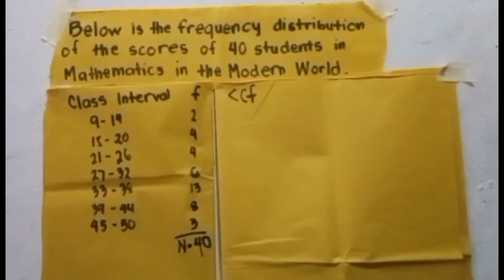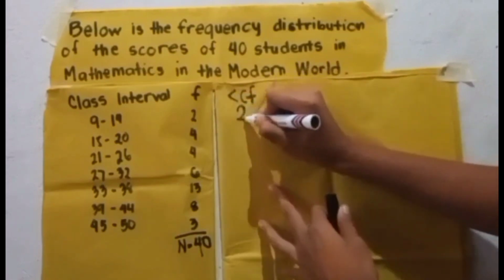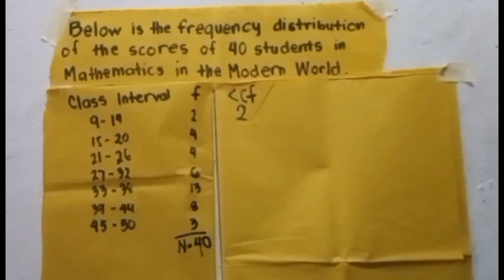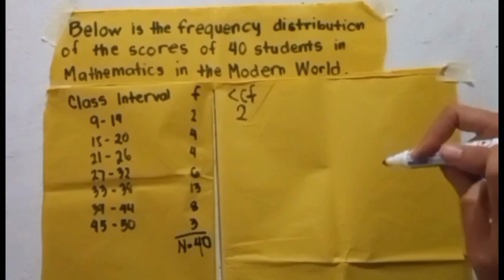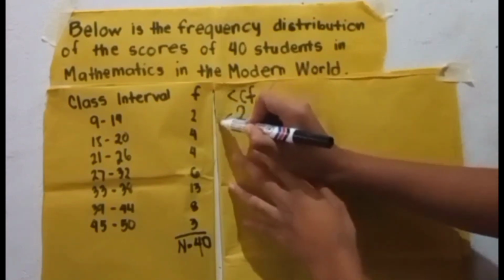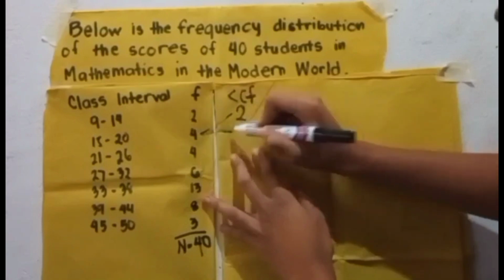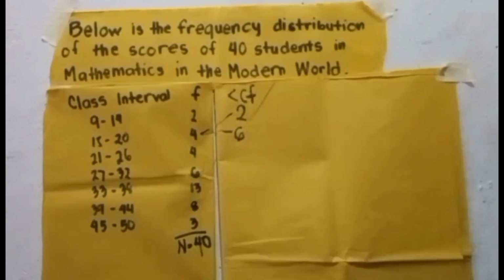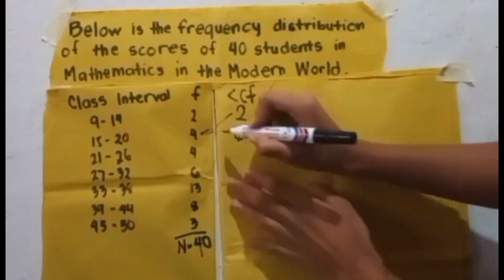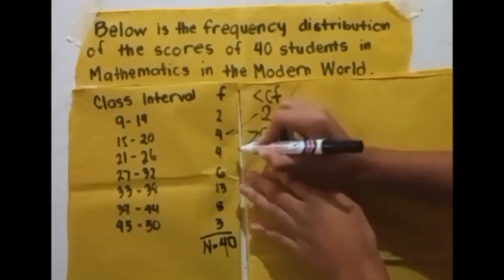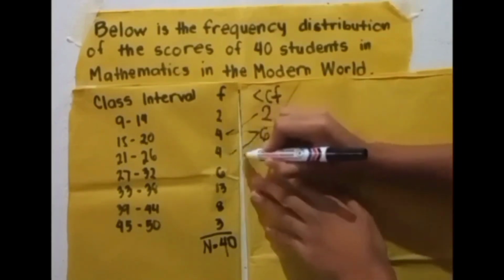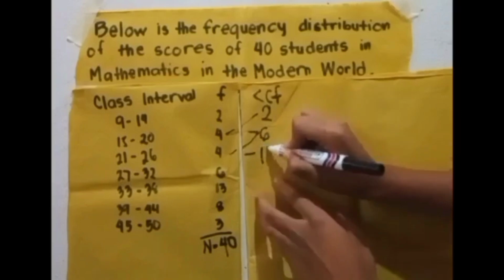So 0 plus 2, the answer will be 2. And then we need to add 2 to the frequency to get the answer of 6. Next, we need to add the value of 6 to 4 to get the answer of 10.